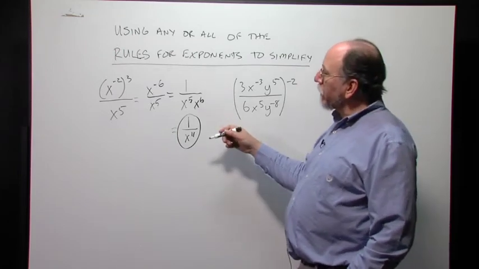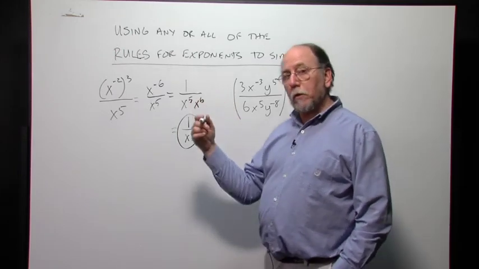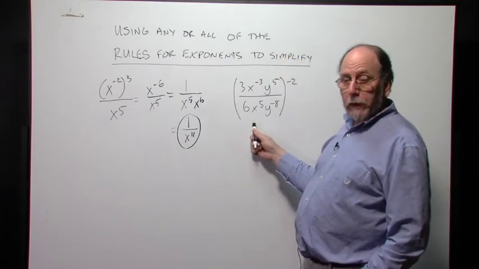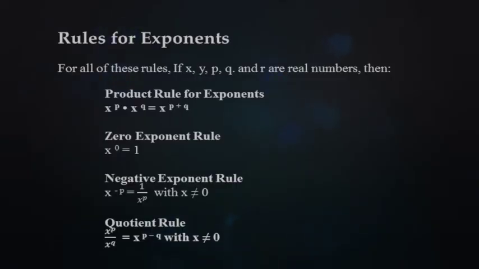So we used a couple of different rules there. Let's review all of those rules before we attack something complicated like this. For all these rules, if x, y, p, q, and r are all real numbers, then these apply. The product rule for exponents is x to the p times x to the q would equal x to the p plus q.